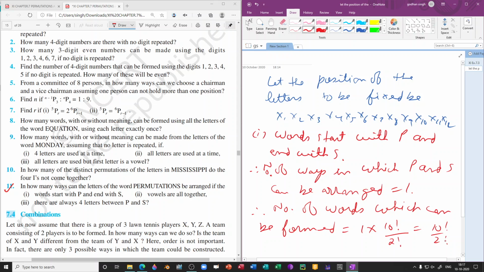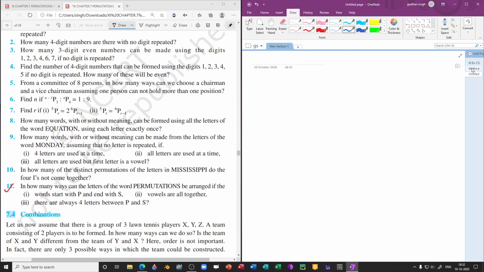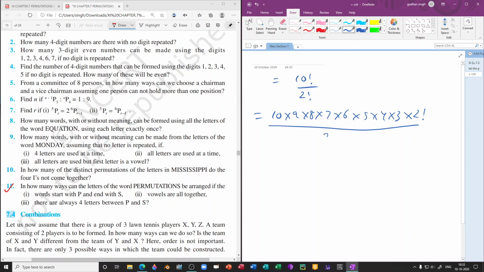So let us do the simplification of this one. 10 factorial over 2 factorial equals 10 into 9 into 8 into 7 into 6 into 5 into 4 into 3 into 2 factorial over 2 factorial.